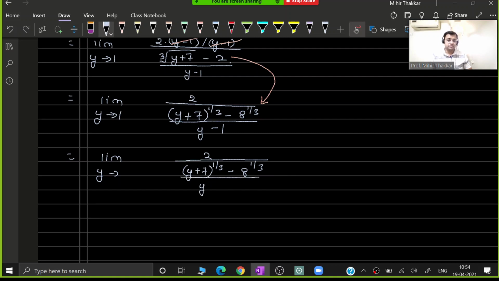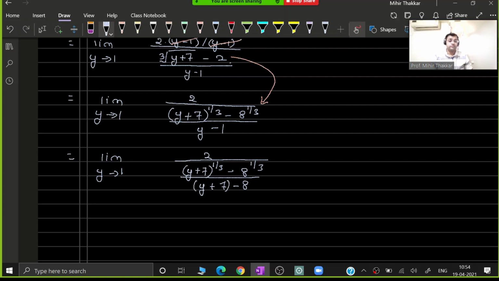Denominator y minus 1 can be written as y plus 7 and minus 8. So because if you take it as plus 7 and minus 8, automatically it will come out to be equal to minus 1, just as we require.